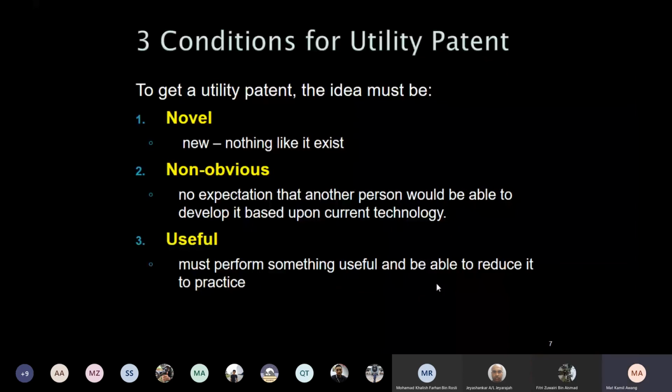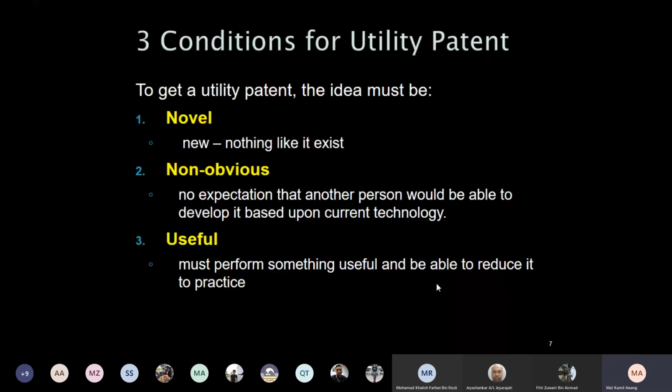The third condition is that it must be useful. The idea must perform something useful and be able to be reduced to practice. First it must perform something useful, and second, it can be practiced, not just an idea that cannot be made practical.